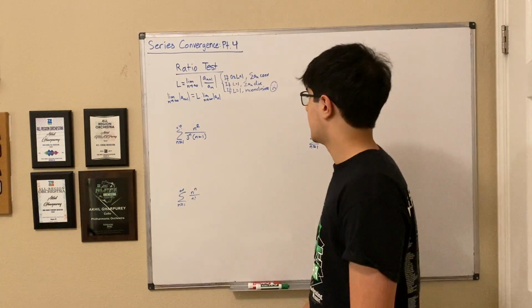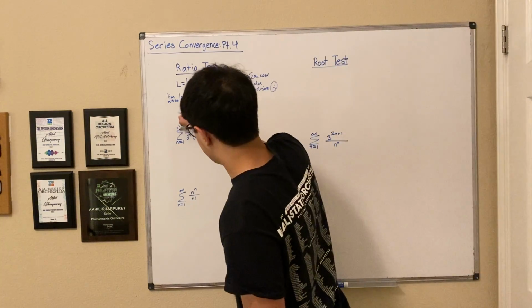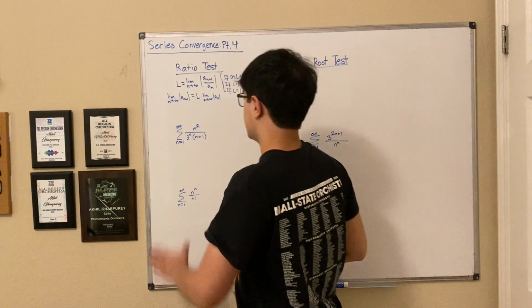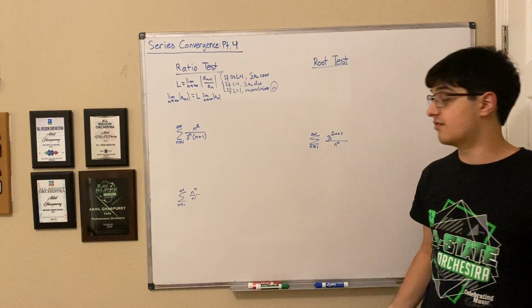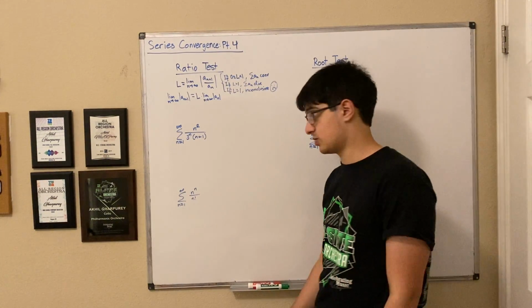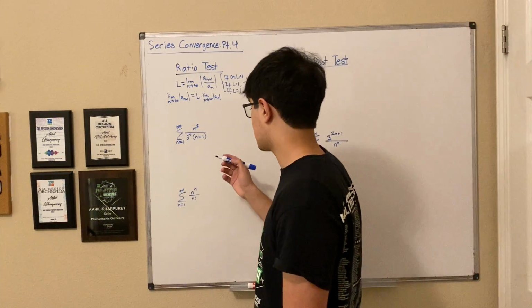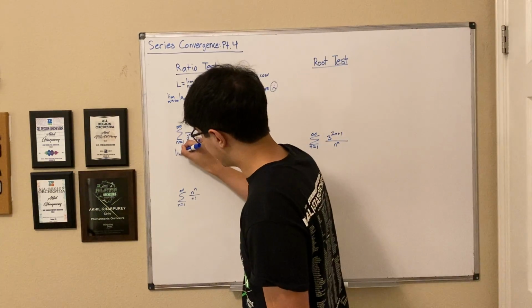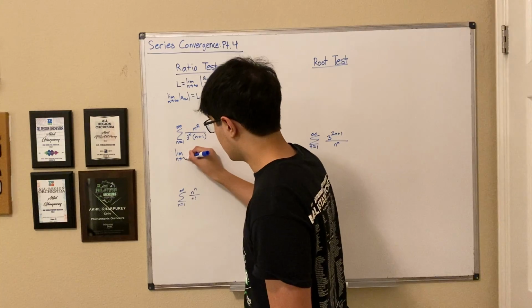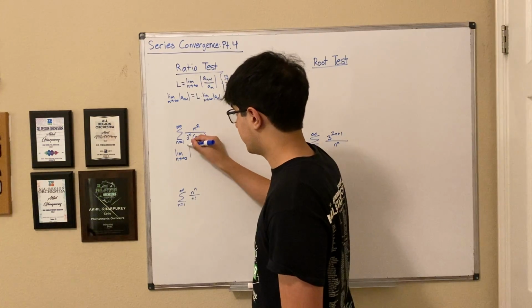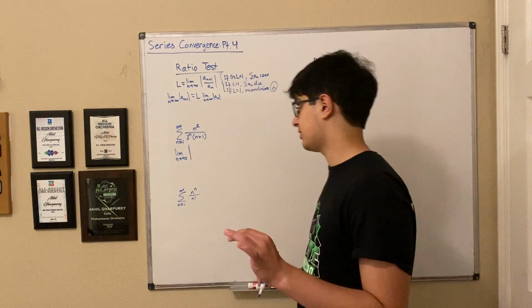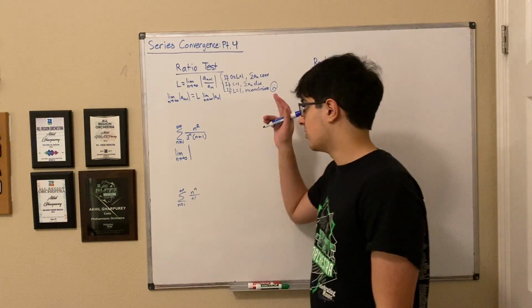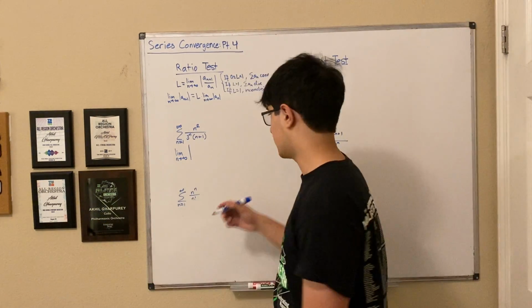So, let's go ahead and get into some examples here. We have the series from 1 to infinity of n squared over 3 to the n times n plus 1. So let's go ahead and try using the ratio test. We have the limit as n goes to infinity of the absolute value of a sub n plus 1. Since we have a sub n plus 1, we replace all the n's with n plus 1.